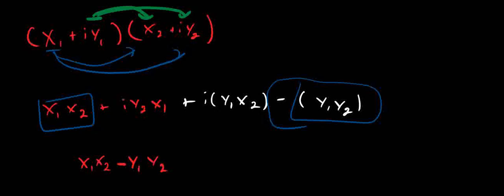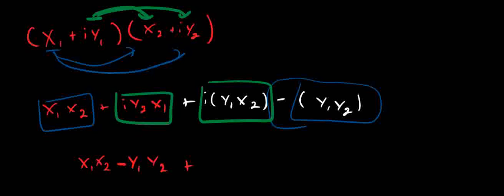And then plus our imaginary stuff, which is y2 x1 and y1 x2. So I'm going to factor the i out front again. So I have i times (y1 x2 plus y2 x1).